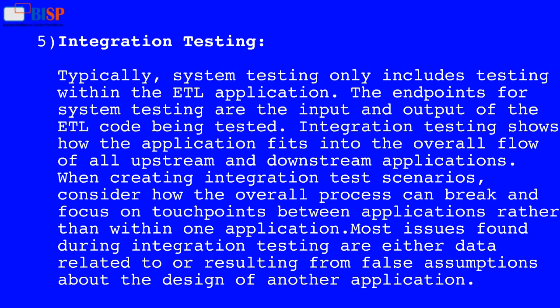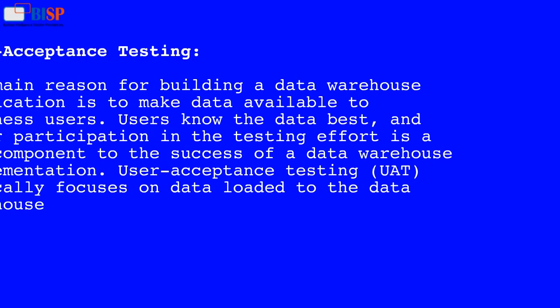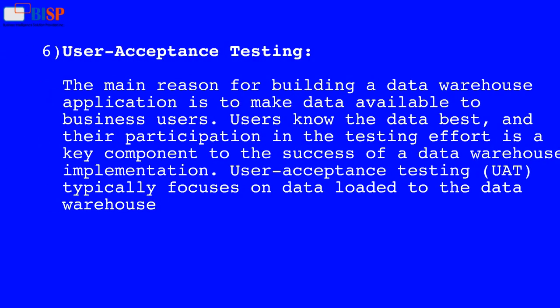When creating integration test scenarios, consider how the overall process can break and focus on touch points between applications rather than within one application. Most issues found during integration testing are either data related or resulting from false assumptions about the design of another application.